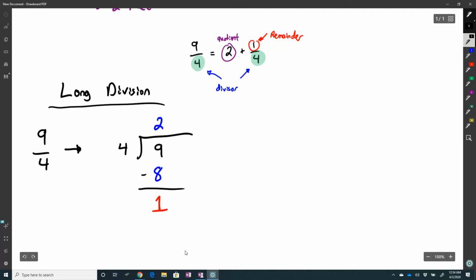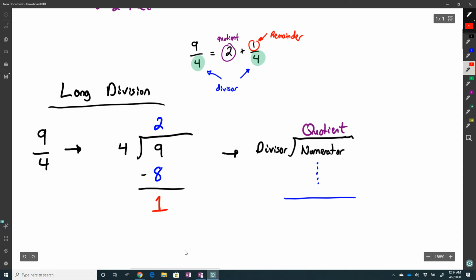So looking at this, you can see that the divisor goes on the outside. The top or the numerator are the dividend. I'll just say numerator. Goes on the inside. The 2 is the quotient. The quotient goes on top. And then we do some math. And then on the bottom, we end up with the remainder.